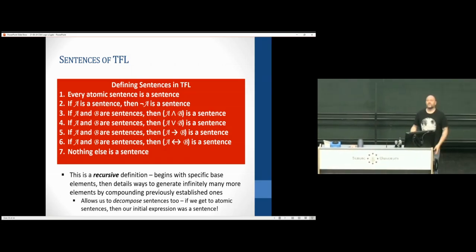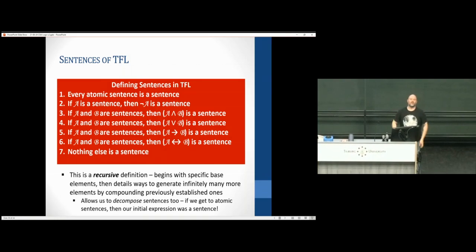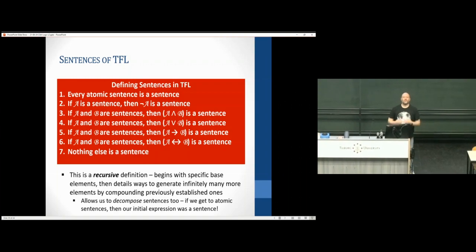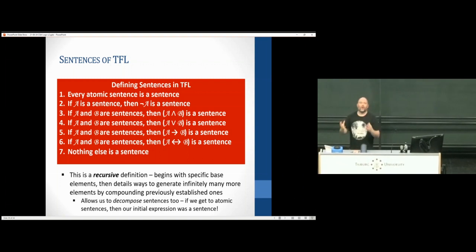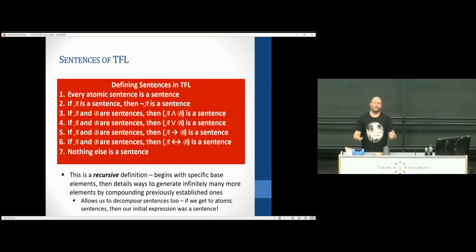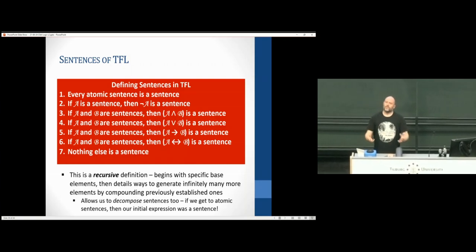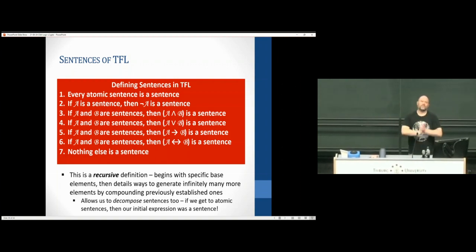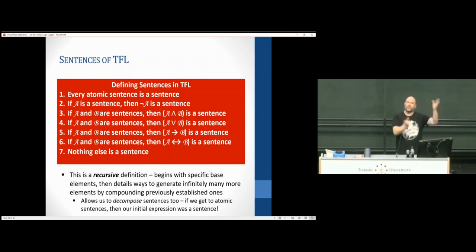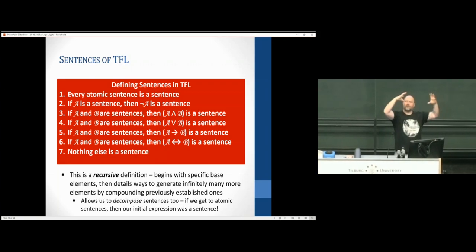And the sixth one, we just replace with the biconditional. So the thing to note with 2, 3, 4, 5, and 6 is you have to already have parts. It says if you've already got a sentence, then you can make it by bolting on a negation in front or building with these in the middle and brackets on the outside.